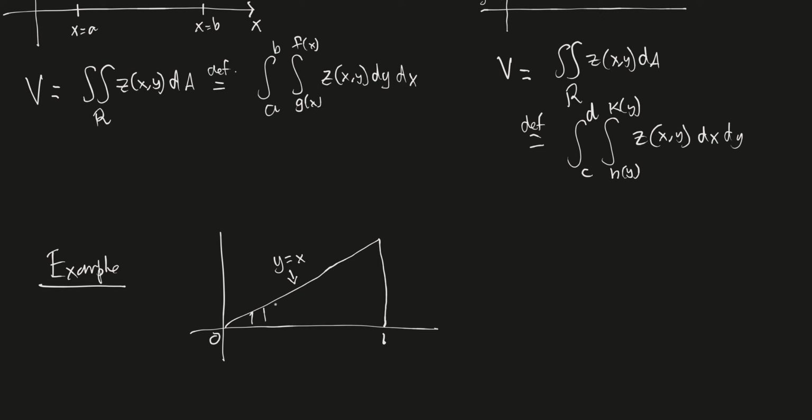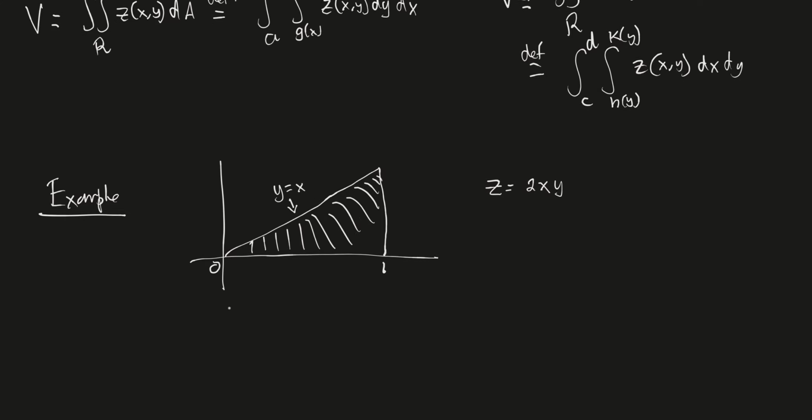And here's our base. Then let's say our surface, or z, or f of x, y, the height of this surface, is something pretty simple, 2xy. And we want to find the double integral of this function over this triangle.